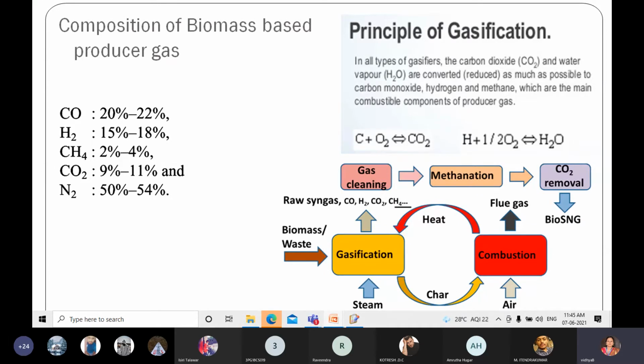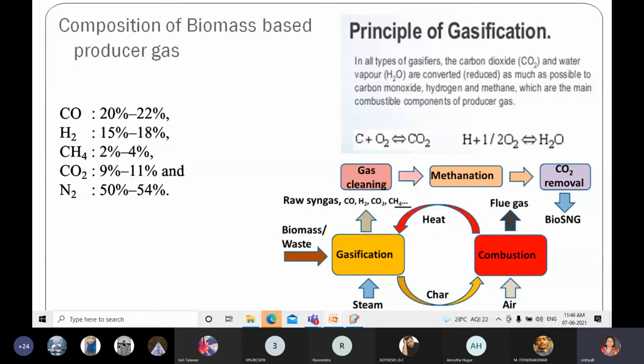These are the outputs from the biomass waste after gasification. The product gas contains carbon monoxide, hydrogen, carbon dioxide, methane, and also tar and dust.